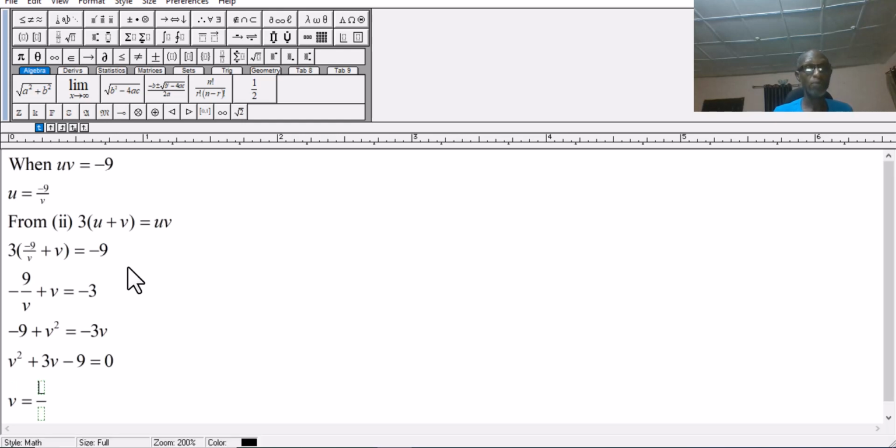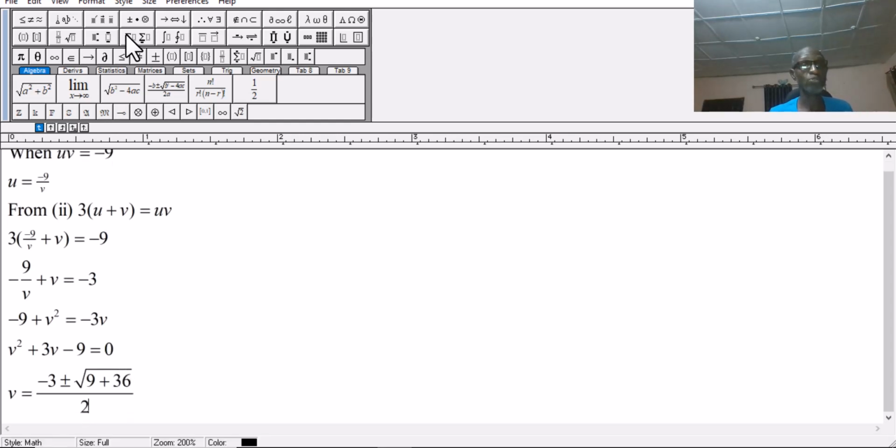So I'm going to use the quadratic formula, which gives v equals minus 3 plus or minus the square root of 9 plus 36, that will be 4 times 9, that will be 36, all over 2.